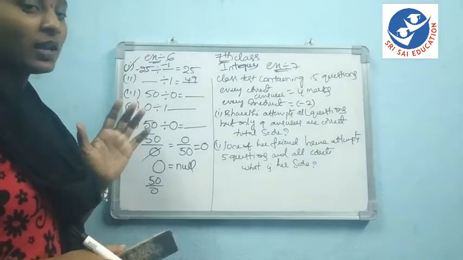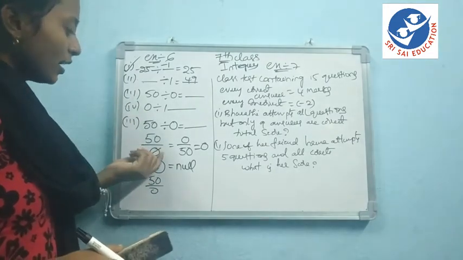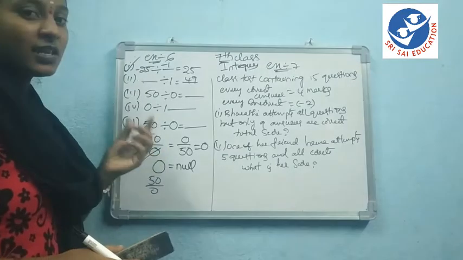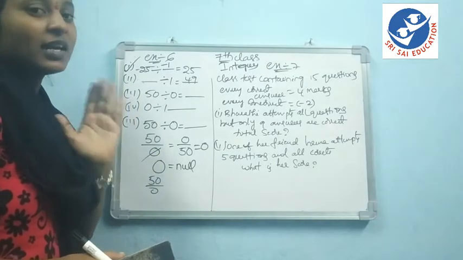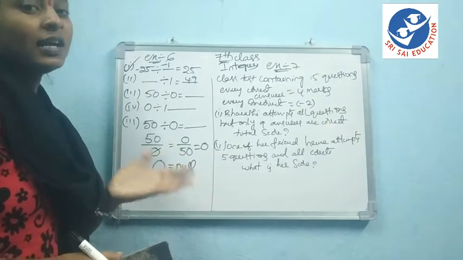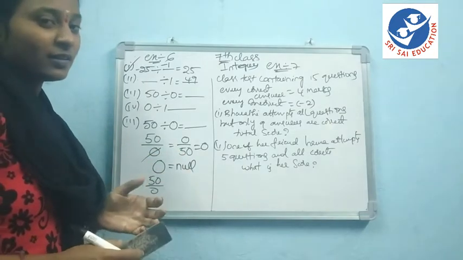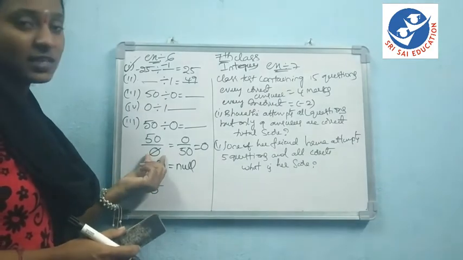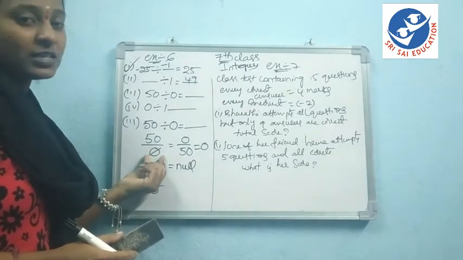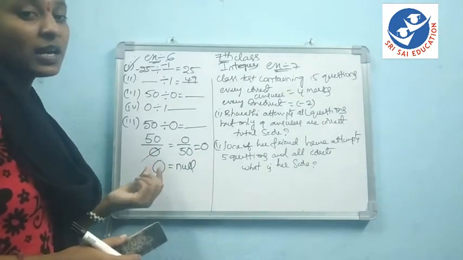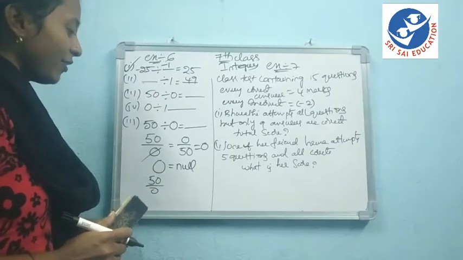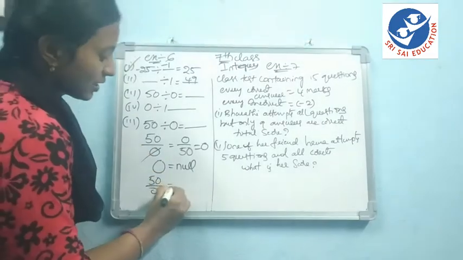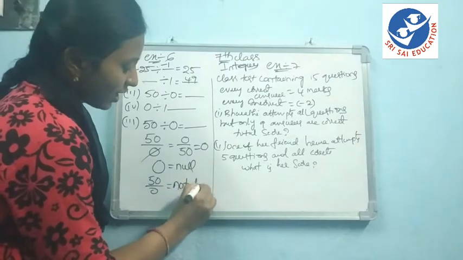Compulsorily we remember in mind: if the denominator is 0, that rational number we can't define, that is not defined.